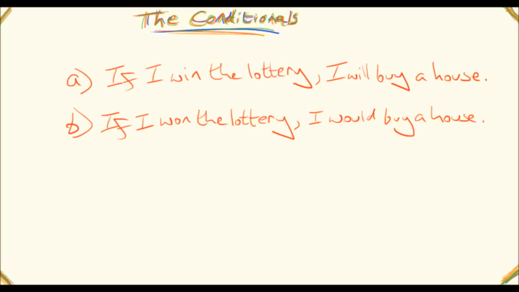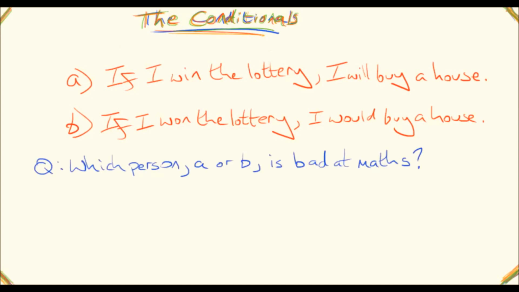My question for you is this. Which person, A or B, is bad at maths? It's a strange question to follow up those two sentences, but hopefully I'll try and explain it now. Make your guesses first, though. Which person, A or B, has created an unreal conditional?